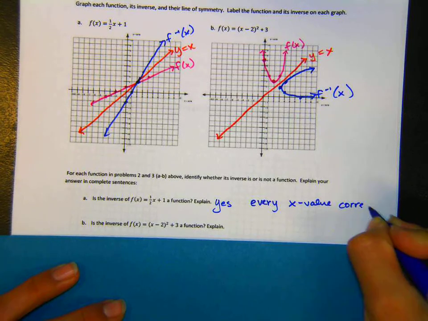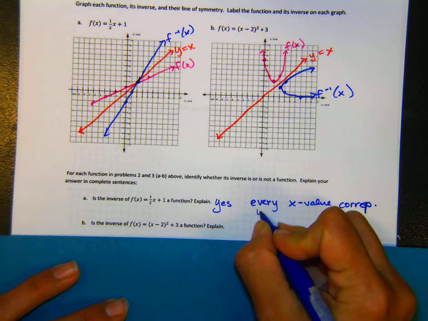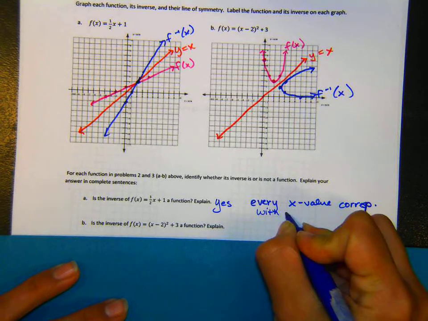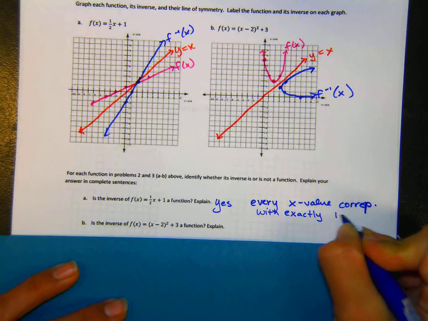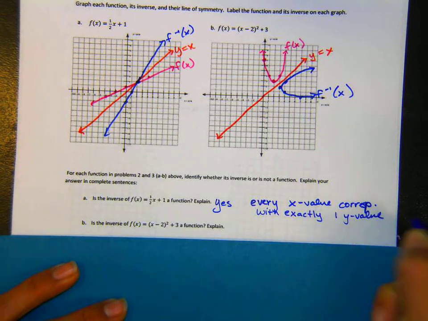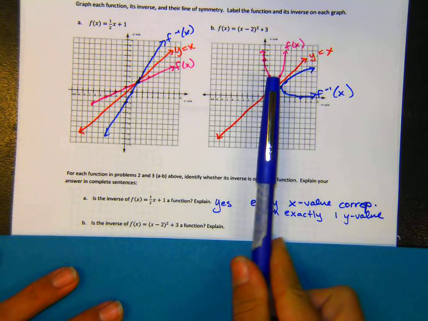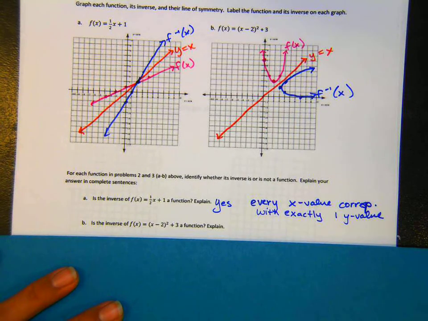But if we look at the quadratic, it's not a function. The quadratic, the inverse, this blue inverse, does not pass the vertical line test.